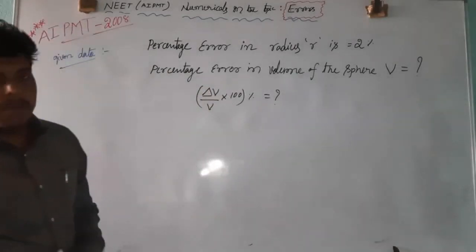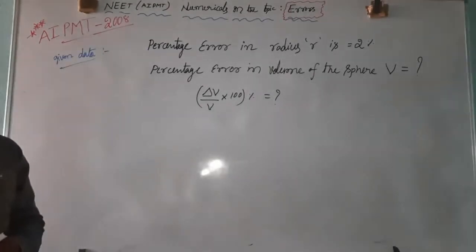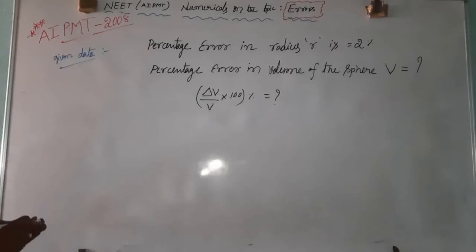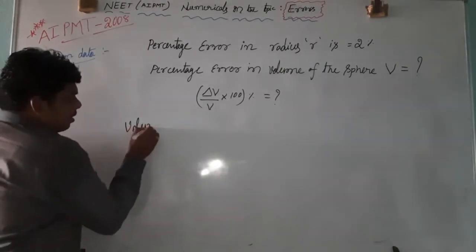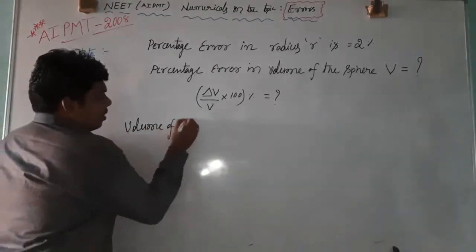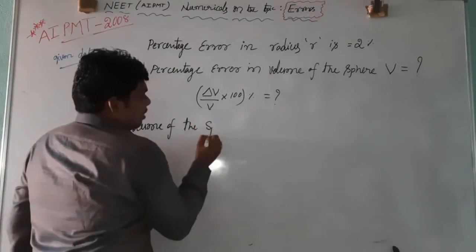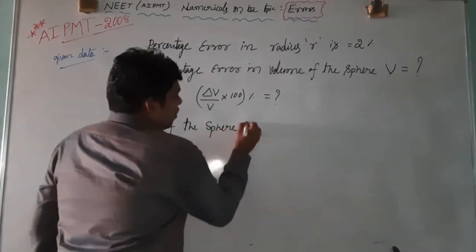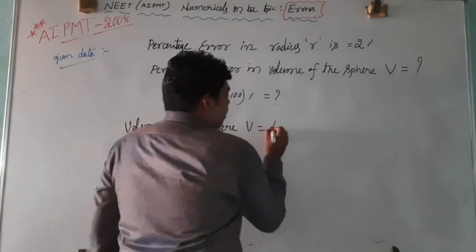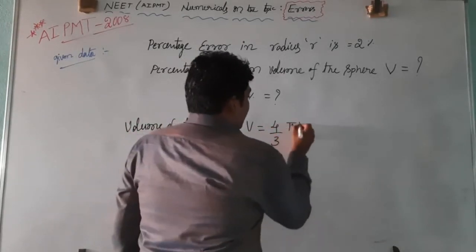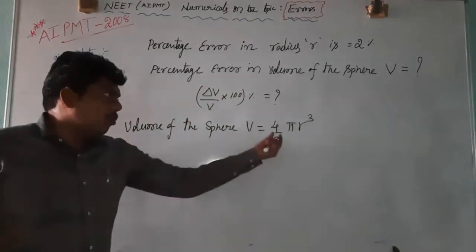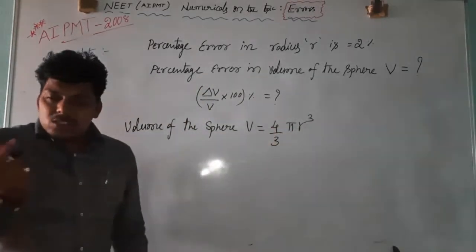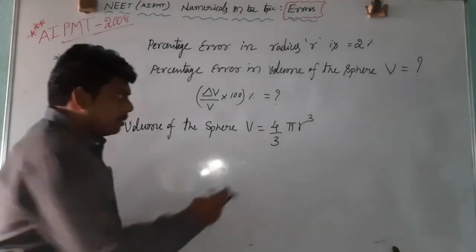Is there any formula which relates the volume with the radius R? The volume of the sphere V is equal to what? 4 by 3 pi r cube. 4 by 3 pi, these are the proportionality constants.